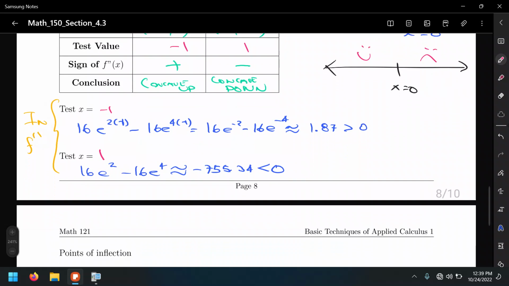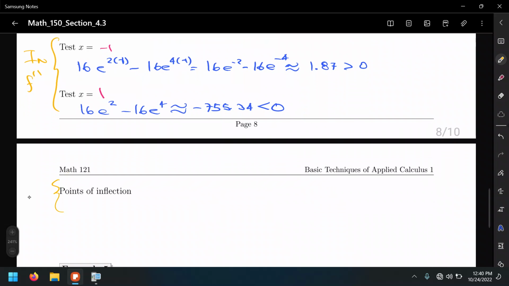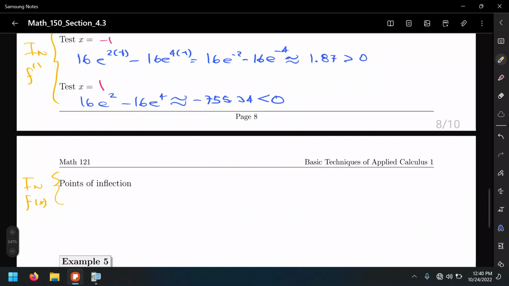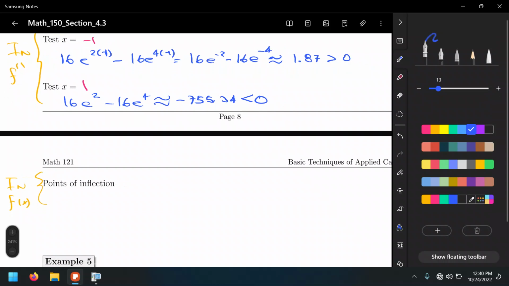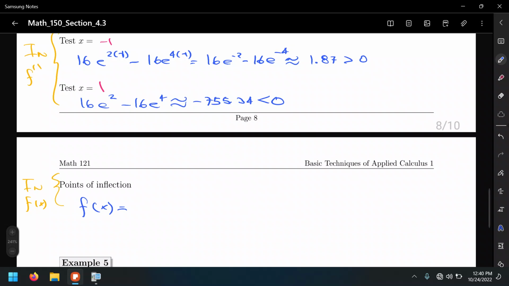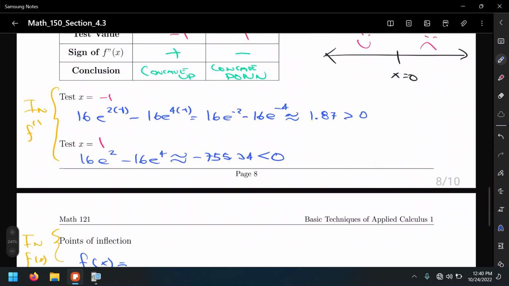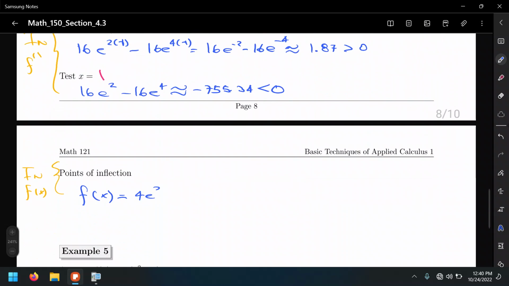So let's go ahead and find that point of inflection where, again, in f of x, the original f of x. So we will have to evaluate this at f of x equals, what's the original function again? 4 e to the 2x minus e to the 4x.